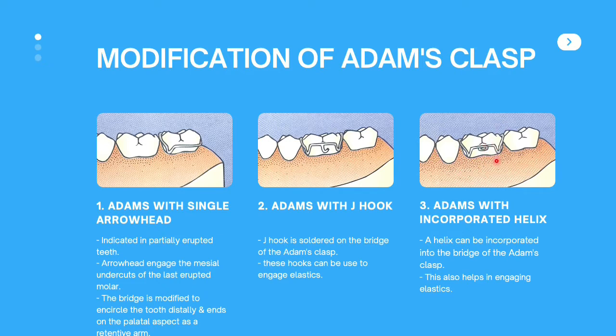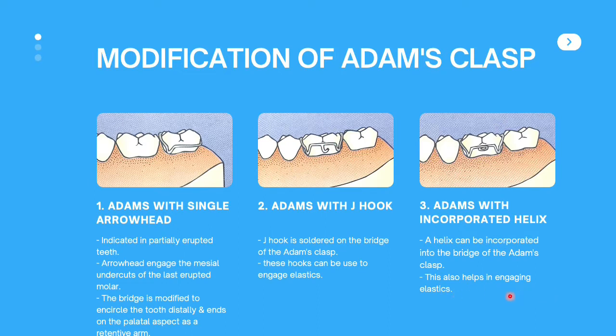So we will fabricate the Adams clasp normally by adding the helix, a loop, on the bridge. It's quite tough to bend a helix on the bridge of the Adams clasp. And then the function of the helix is the same as the J-hook, which is to help in engaging elastic.